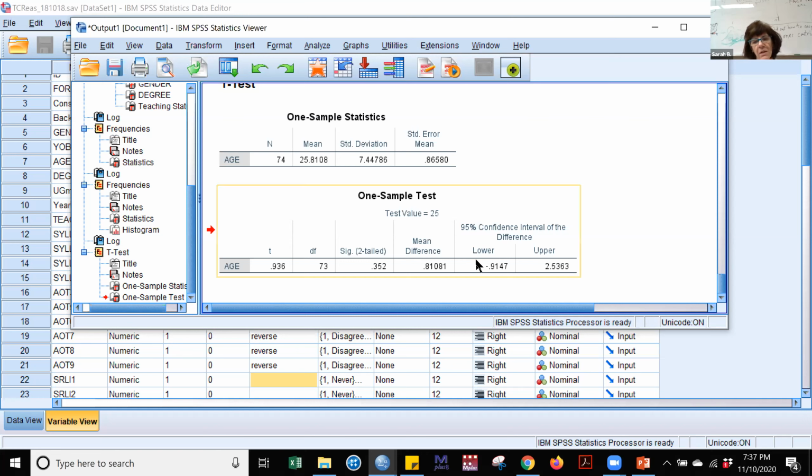The confidence interval is provided. As I said, you have a choice of whether to do 95 or whether to provide your own breadth for the confidence interval. That is based on taking this mean value plus or minus the standard error times the critical test statistic. SPSS doesn't give you the critical test statistic.